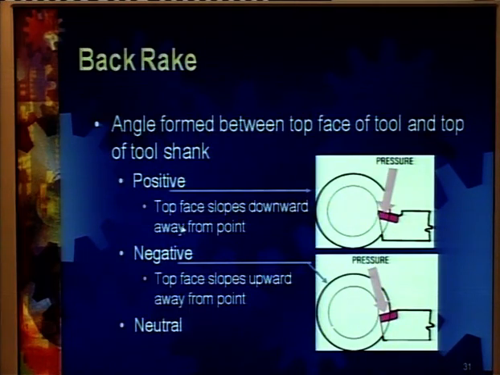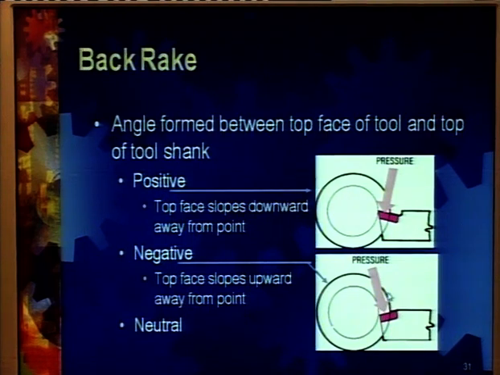Here the top face is sloped downwards away from the point, but in this case the pressure is coming in this direction, and if the material is not sufficiently tough, it will lead to breaking out of this edge.